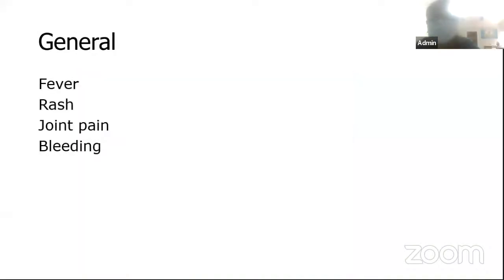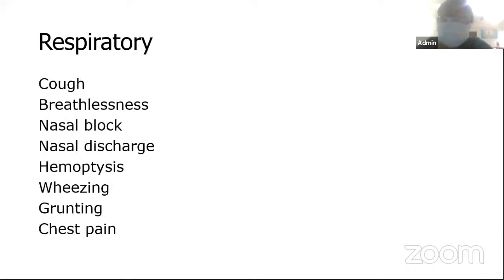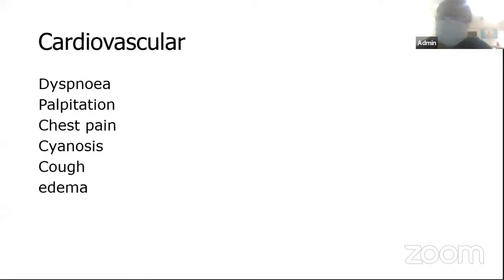Now I've already told you that you have to ask some general complaints like fever, rash, then follow the system, and I'm going to tell the main symptoms next. Respiratory: breathlessness, nasal discharge, hemoptysis, wheezing, grunting, or chest pain.